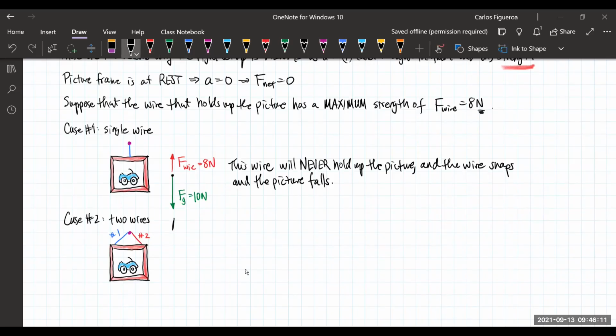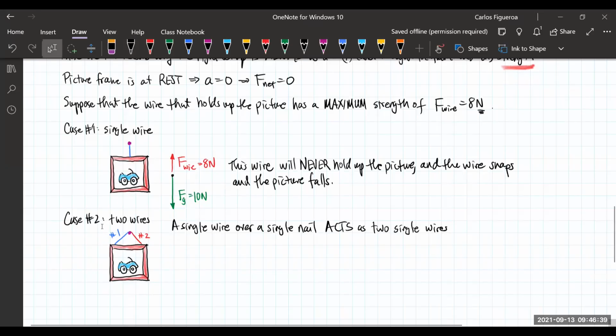So a single wire over a single nail acts as 2 single wires. They literally act like 2 single wires.